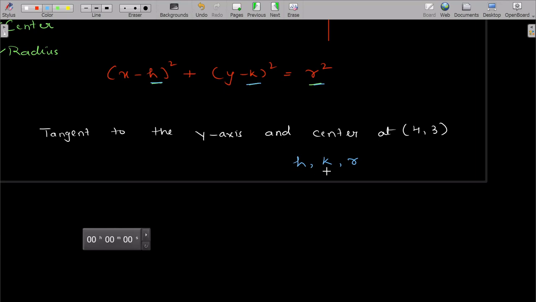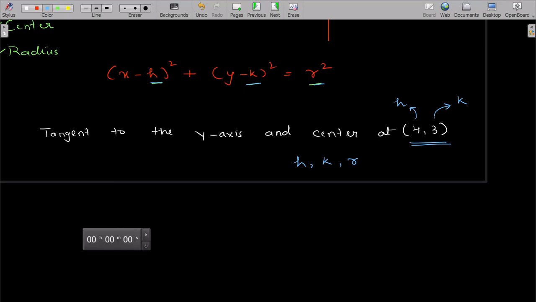So how can we find out the values of h, k, and r? Well, h and k are the x and y coordinates of the center, and the center is given to us. This is the coordinates of the center. So this means that 4 is actually h and 3 is k.